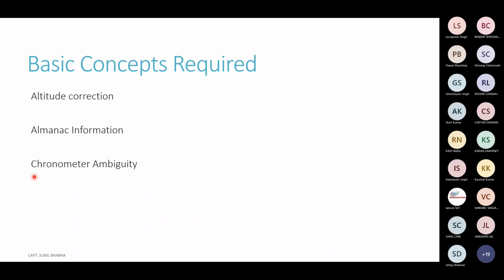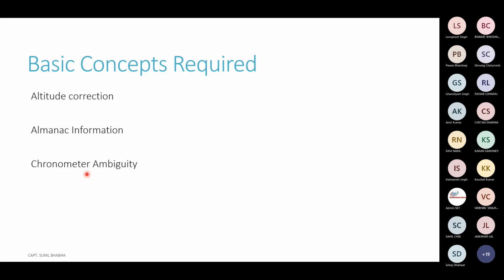The third thing which we should be clear about is the chronometer ambiguity. Now, chronometer is a special clock, a highly accurate clock, which is used for obtaining the GMT. The use of chronometer has become redundant nowadays, but sometimes or the other, it often gets into the questions which come in our papers.